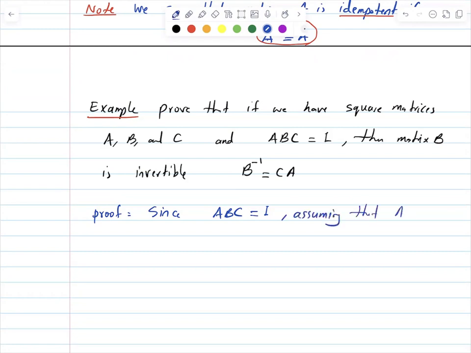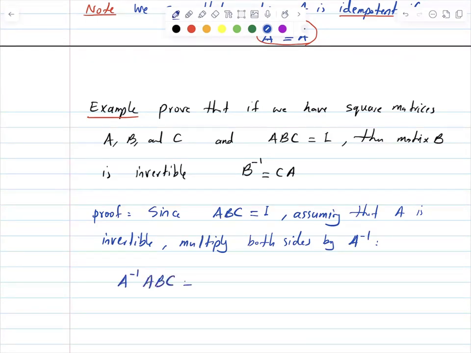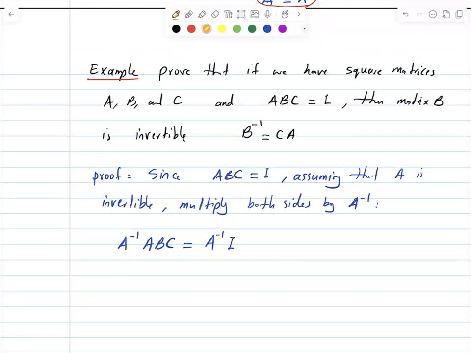So you get inverse of A times ABC equals inverse of A multiplied by the identity matrix. Here you can get rid of the inverse of A multiplied by A, which is the identity matrix. So you get I times BC is equal to inverse of A.